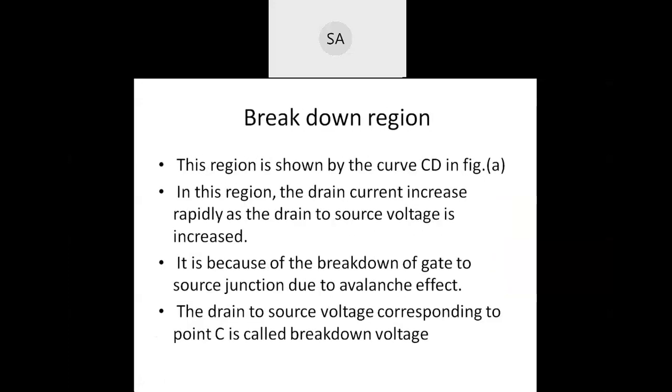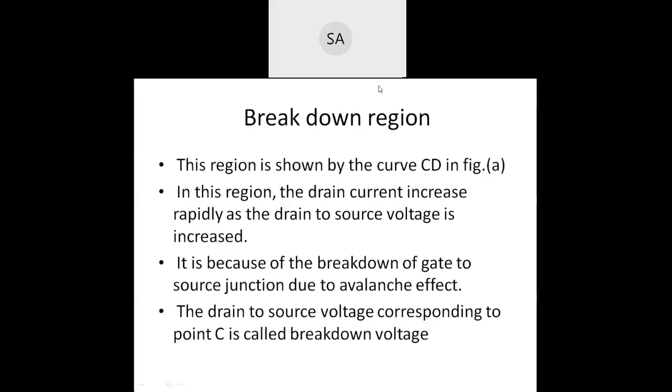Next the region is the breakdown region. This breakdown region is shown by the curve C to D in figure A. In this region, the drain current increases rapidly as the drain to source voltage is increased.